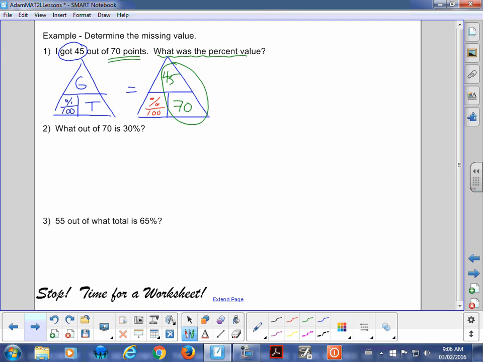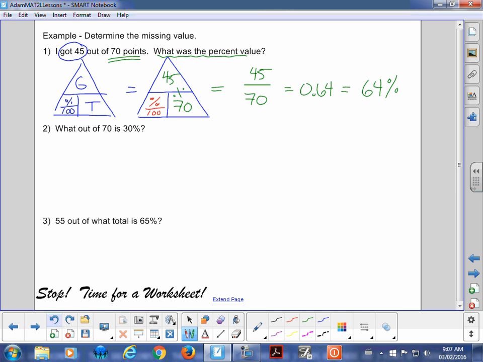Because they're one on top of the other, we're going to use division. So that means 45 divided by 70, and remember you do the top divided by the bottom, and I get 0.64, which is 64%.